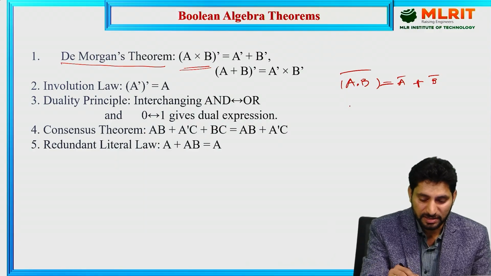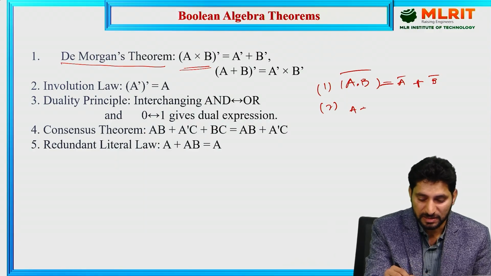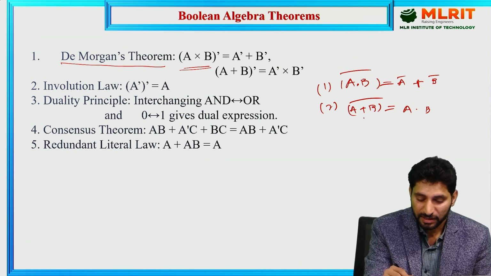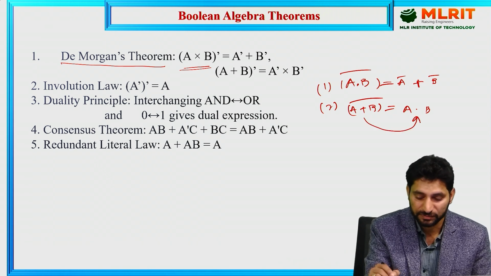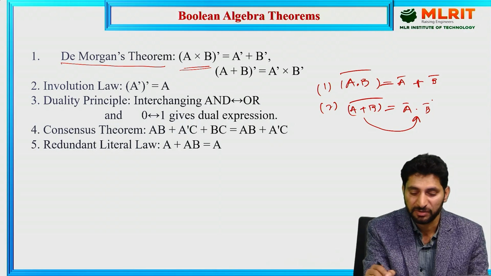Or else, if I take A plus B whole bar, what I'll do in the expansion is A bar dot B bar. So what has happened here? The plus becomes dot and we complement each literal or variable.